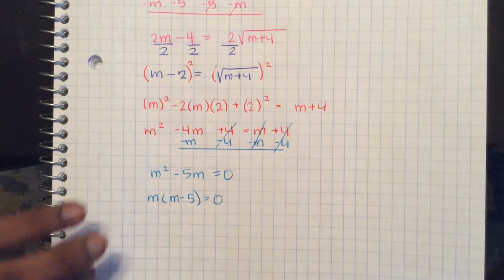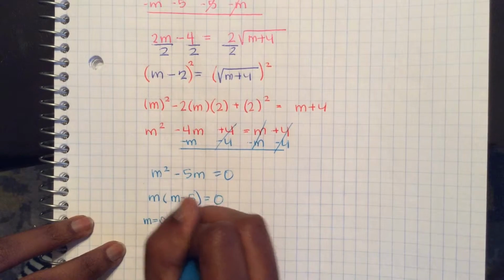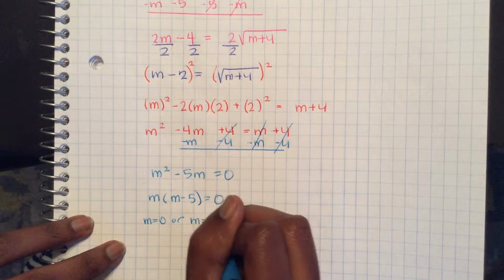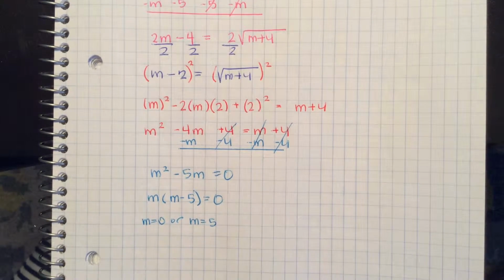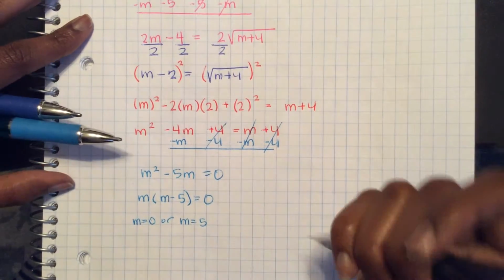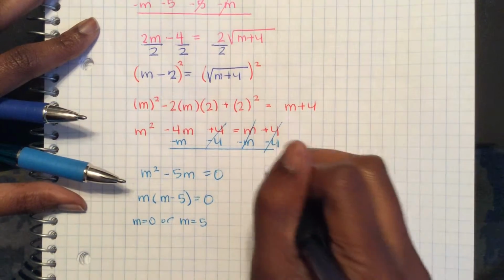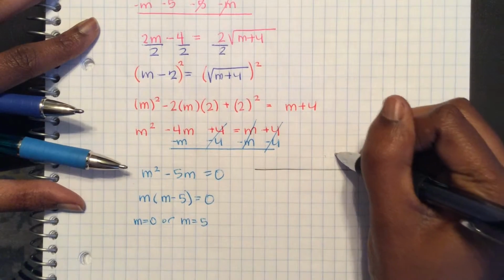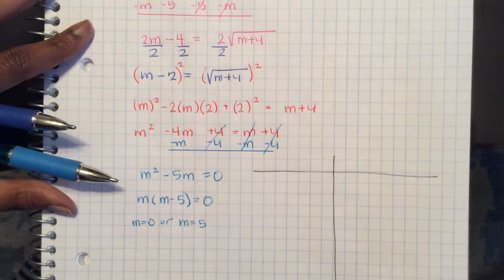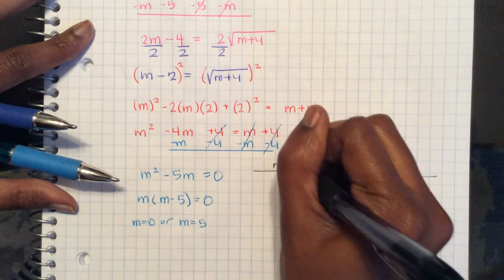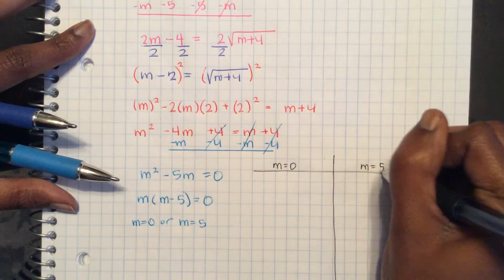So I have either m equals 0 or m equals 5. So let's check both of those answers here to the right to see if either one of them is extraneous. So m equals 0 or m equals 5.